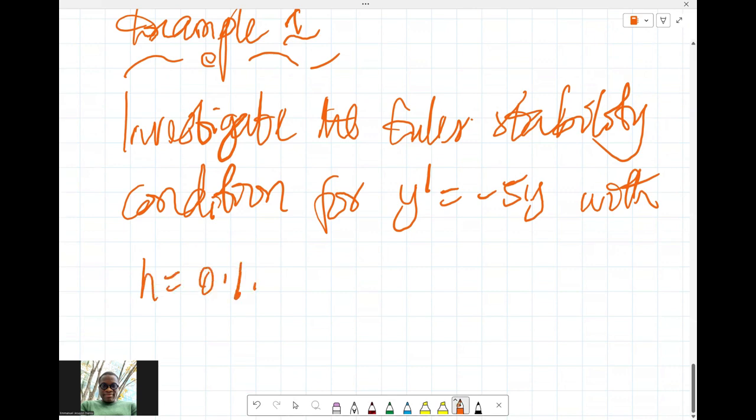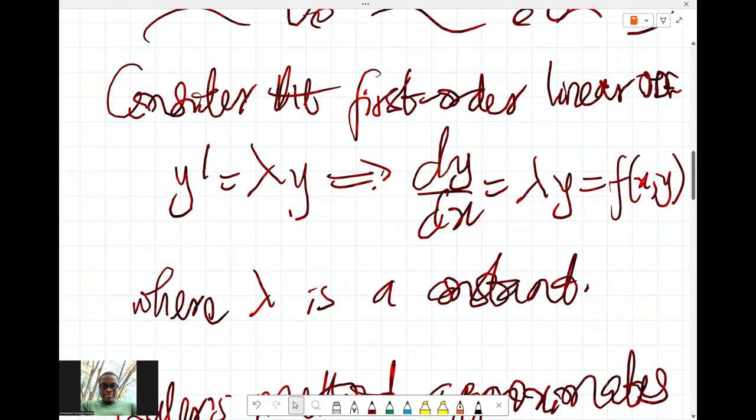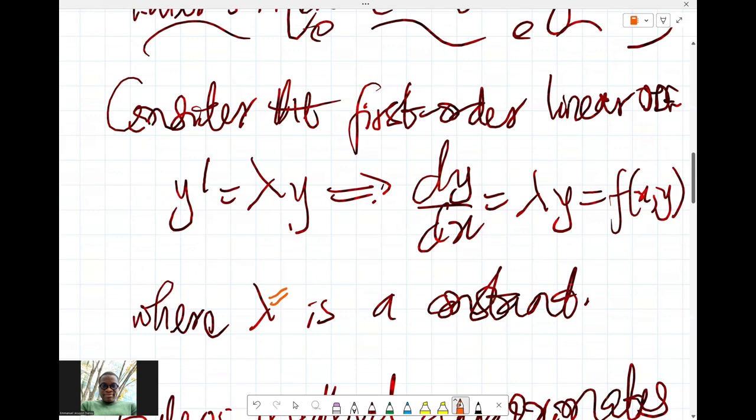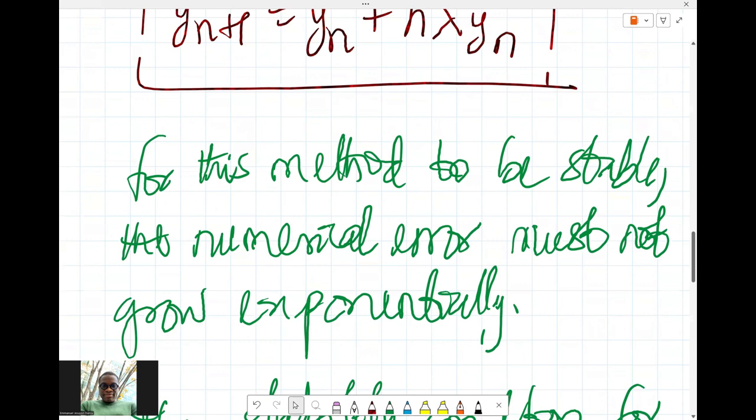Now, one point we need to note is that this lambda is basically the same thing as partial f, partial y. That's really important. If we differentiate f with respect to y, you get lambda. So that's useful for what we have to do next.